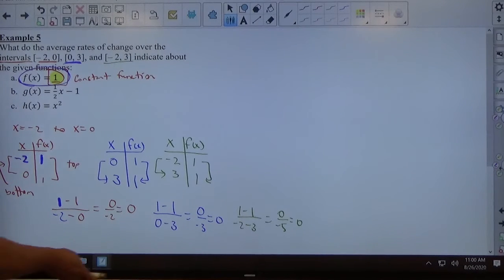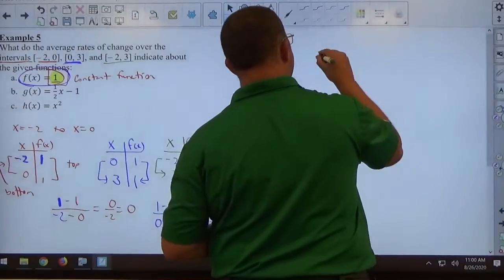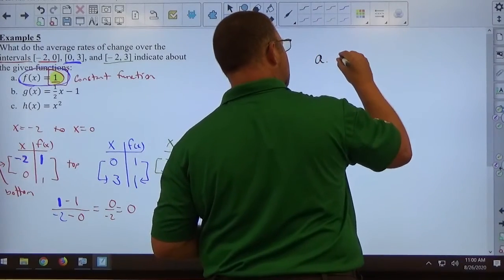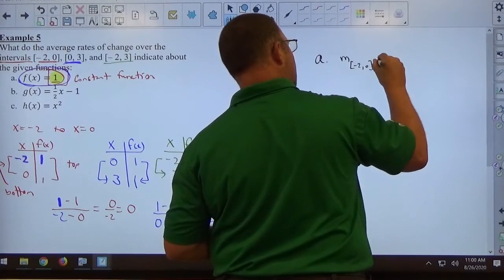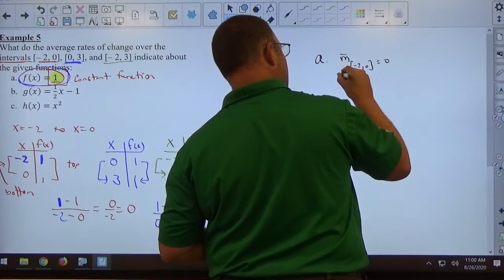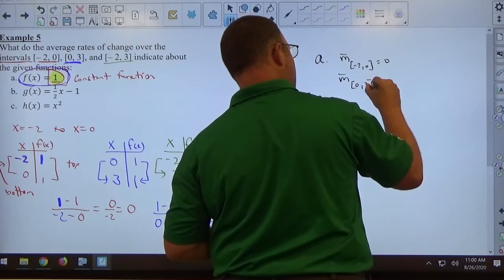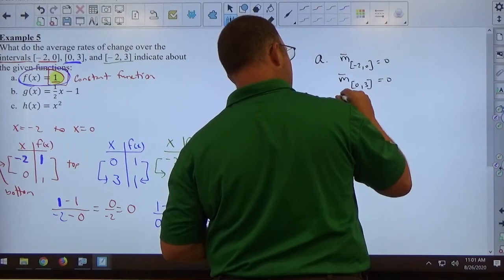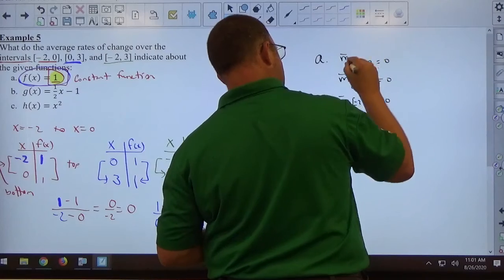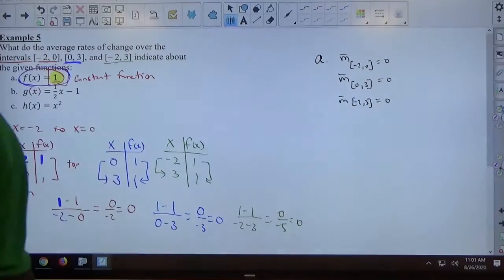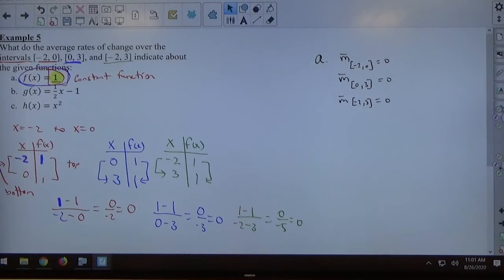As far as how to answer it, how to write your answer on this, what we're finding here is actually called slope.